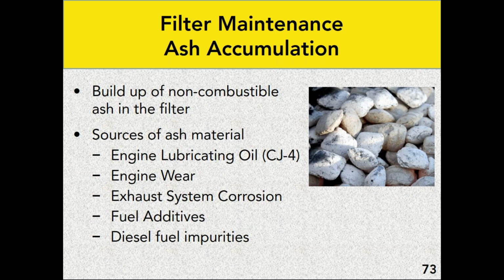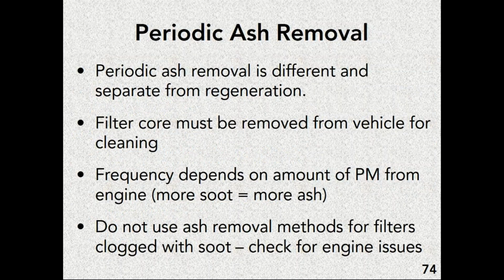So when you collect soot in a filtration system, that is raw carbon that's coming from the engine. But that is not the only thing that comes from the engine that gets collected by the filter. Ash can come from a lot of different places. It can come from engine wear. It can come from burning the oil.